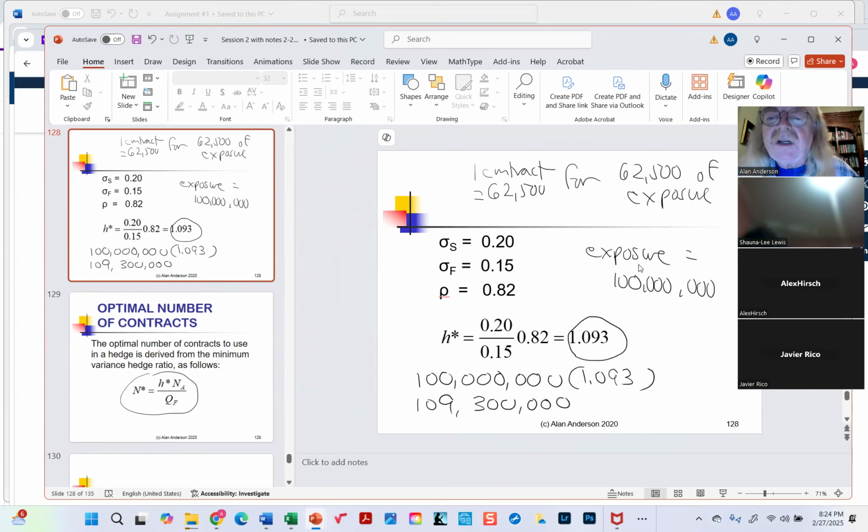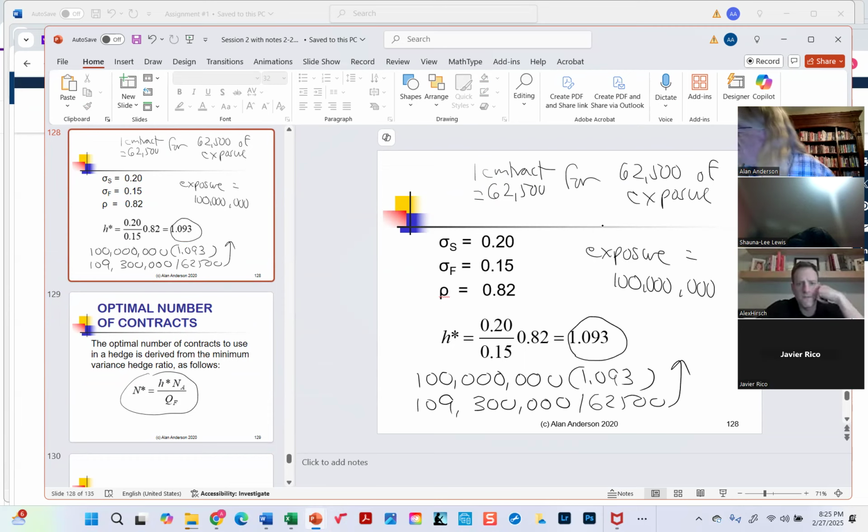Now, again, even here we have a bit of an issue. Let's say that each contract is for 62,500 kroner. I'm sorry, euros. Then if you divide this by 62,500, that ratio is going to be not an even amount, that's for sure. It comes to 1748.8 contracts.